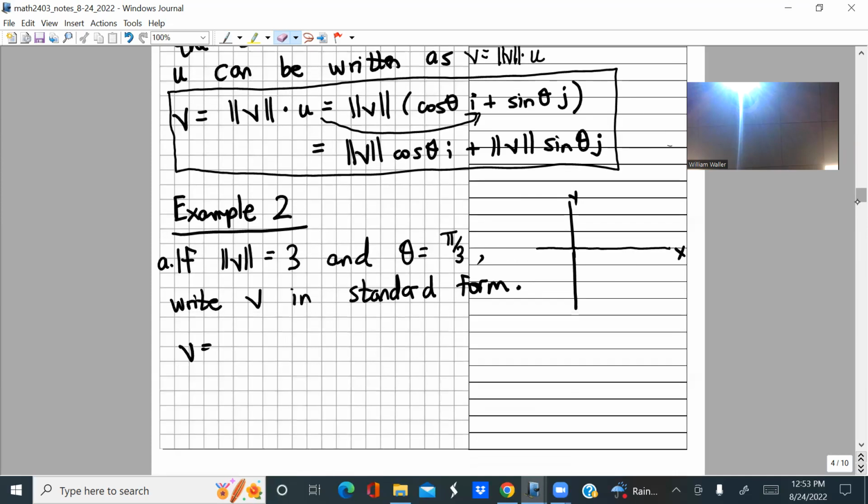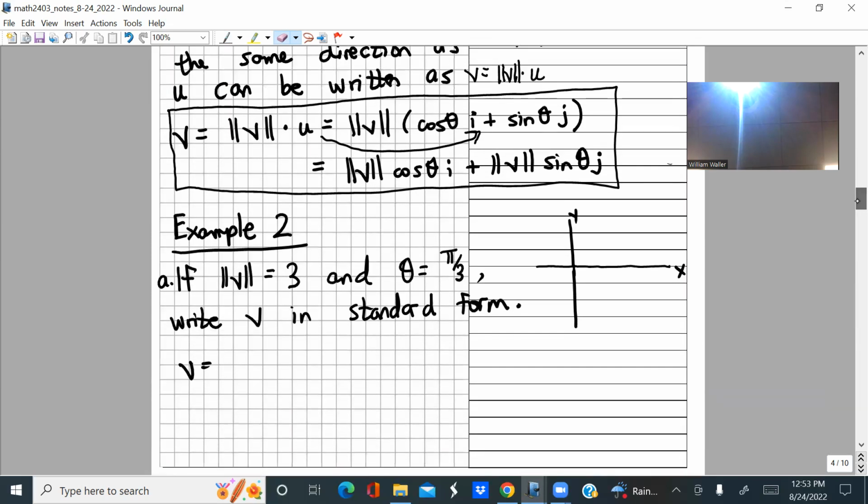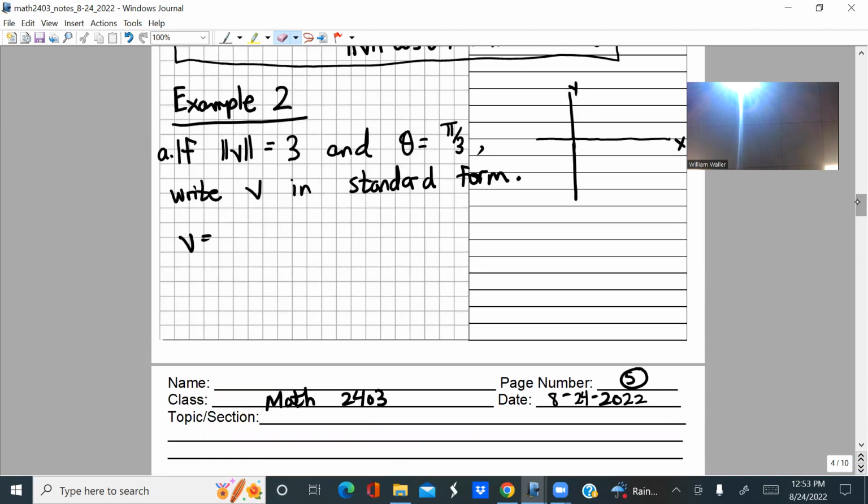Let's practice with this, because this equation is just an equation until we actually apply it. So suppose I'm thinking of a vector with magnitude 3, and its direction is pi over 3. We can draw a pretty easy, really ugly sketch of it.